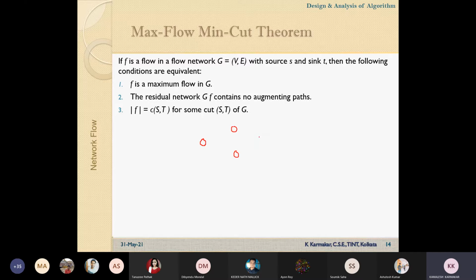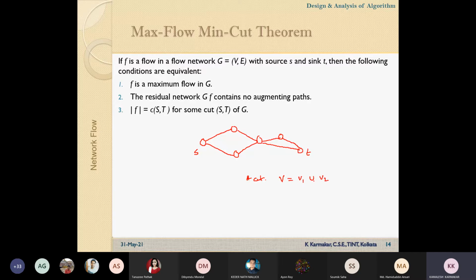If a graph is given, with a sink and a source, a cut means we partition the graph in such a way that the set of vertices V is divided into a set V1 and another set V2.